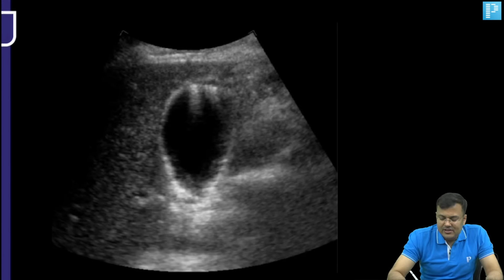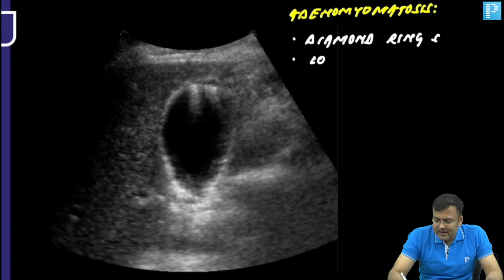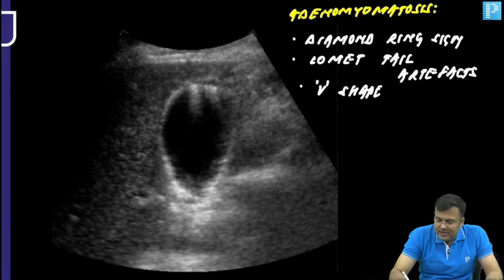What is the name of this condition guys? It is adenomyomatosis. Clear? So, this is diamond ring sign. On ultrasound you can see here, there is diamond ring sign, also known as comet tail artifacts, also known as V-shaped artifacts.